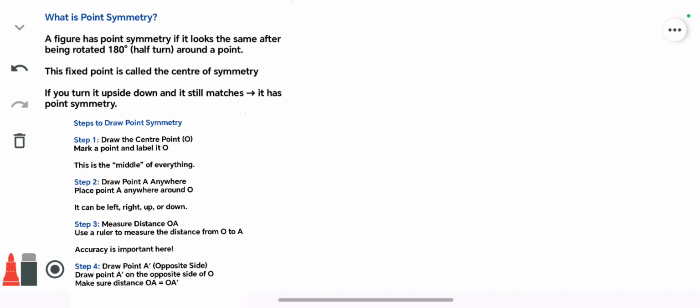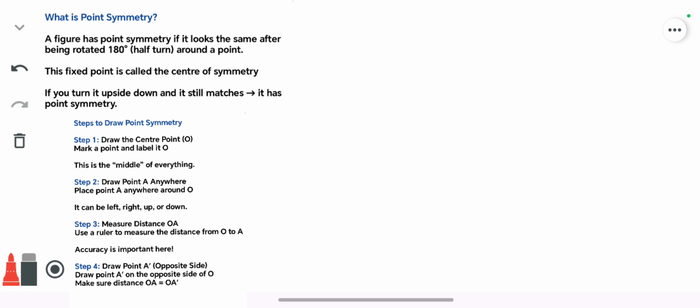Use a ruler to measure the distance from O to A. And remember, accuracy is very important here. And finally, step number 4, draw point A' on the opposite side of O, and make sure distance OA is equal to distance OA' on the opposite side.